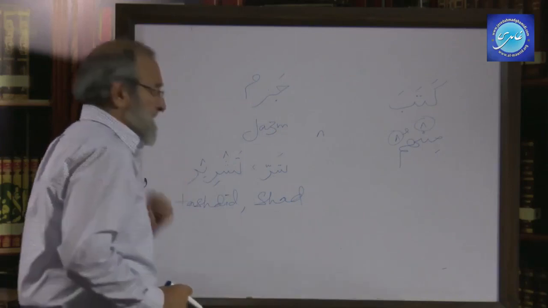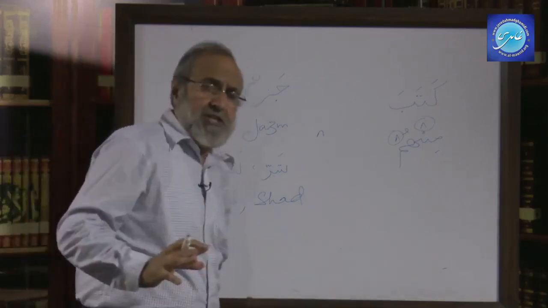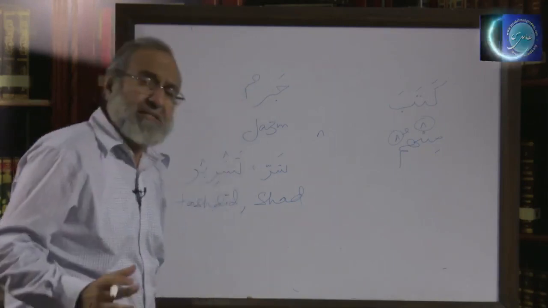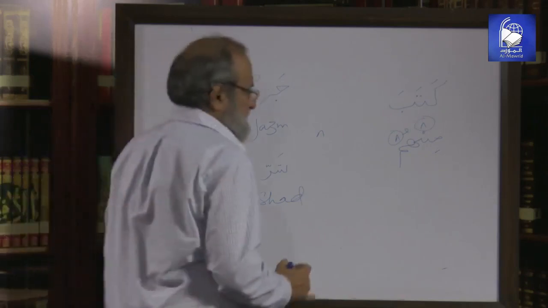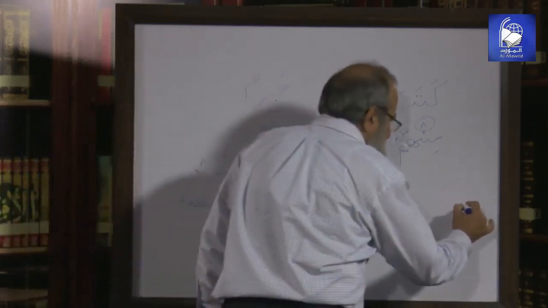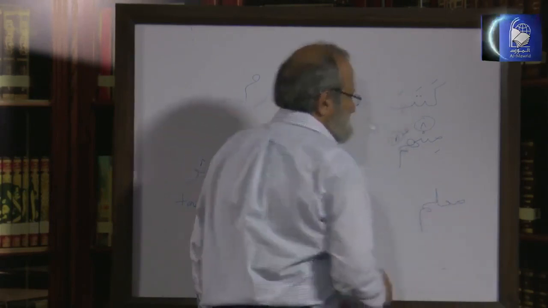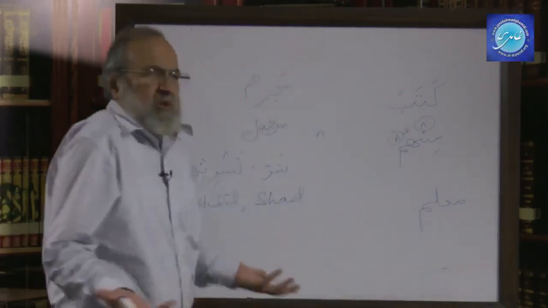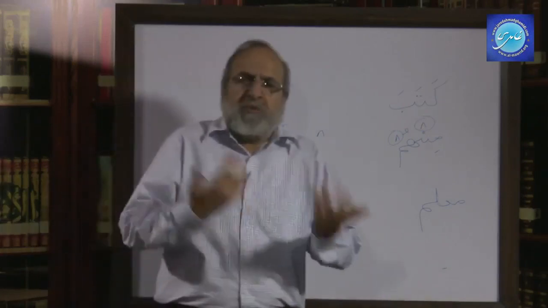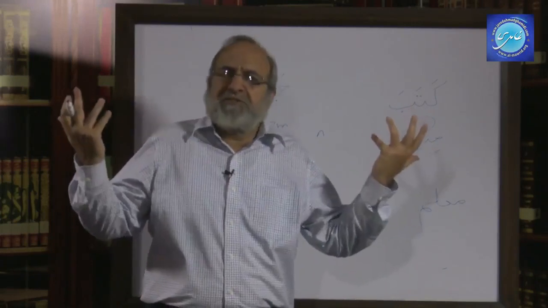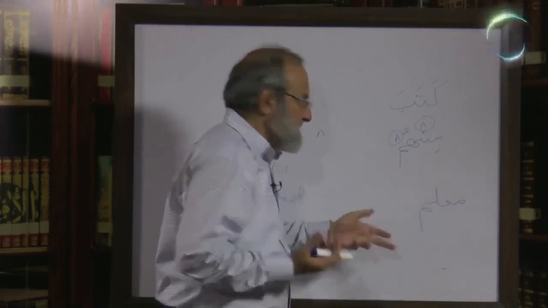The next one is shad, tashdid, very frequently used in Arabic words, and obviously in the Quran as well. So let's have a look. You have this word, mim, ain, lam, mim. Now, if you don't have the vowels clearly mentioned, you can pronounce it differently, variously. Ma'alimu, mu'ila, mi, and so on.